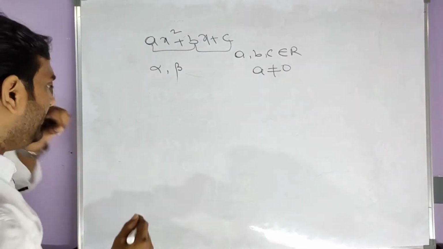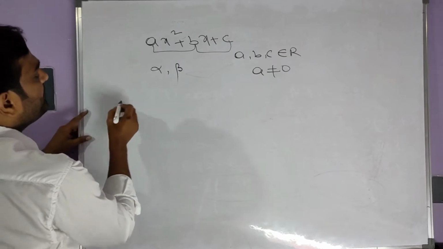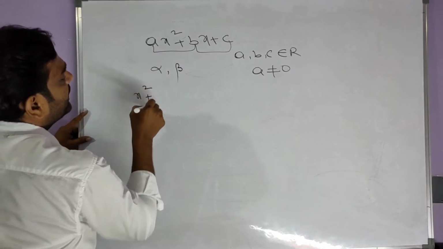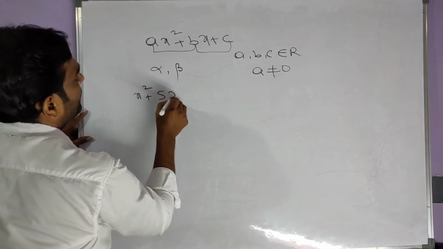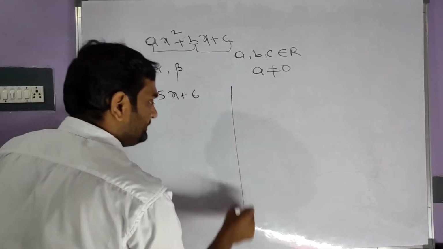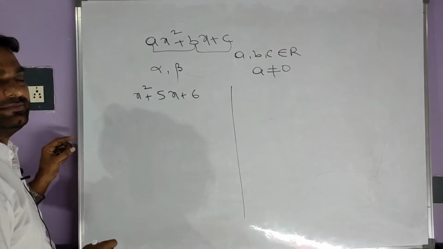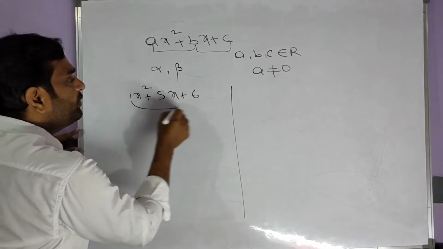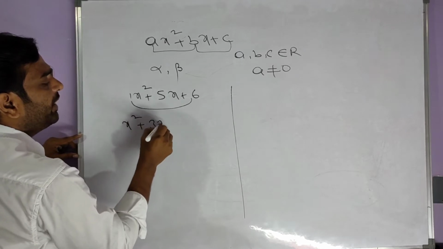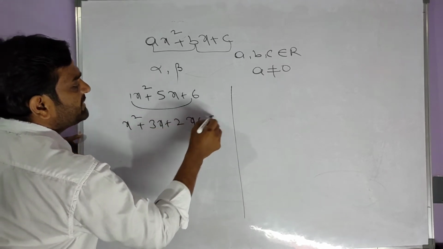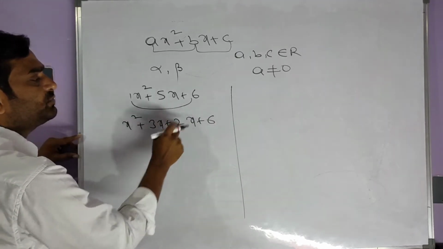Let's take a quadratic polynomial x square plus 5x plus 6. If you factorize this, 6 can be split so that it is x square plus 3x plus 2x plus 6. 3x plus 2x is 5x, and 3 times 2 is 6.